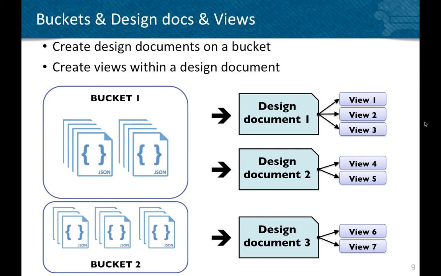You might have one design document with a collection of views that power your end user interface, and then a second design document with the views that power the back-end administrator interface, and then perhaps a third design document with views that are used to do in-house reporting and analytics, for your developers to look at and figure out what parts of the application need more work.